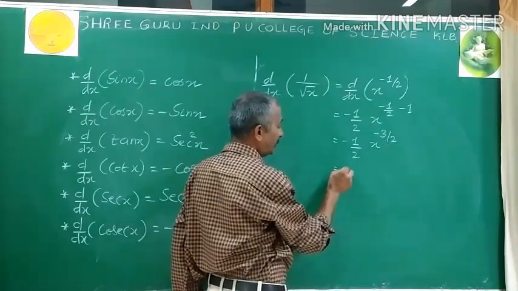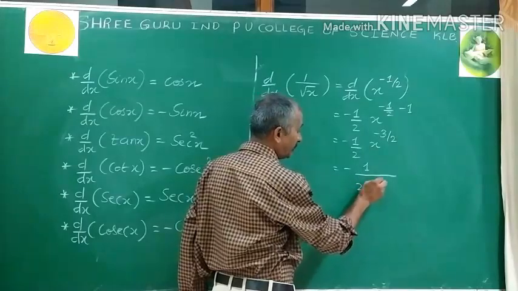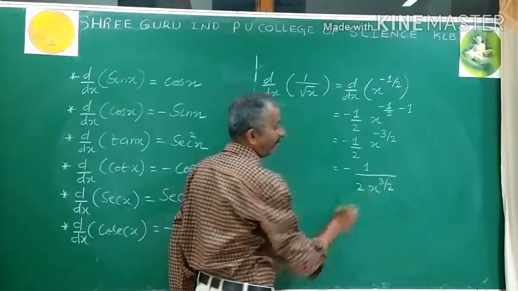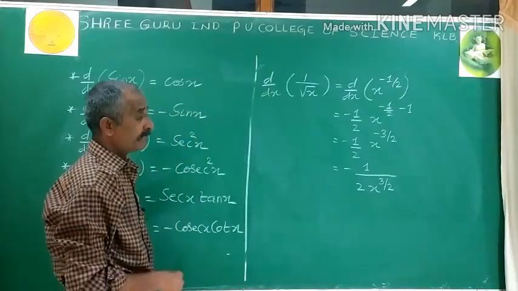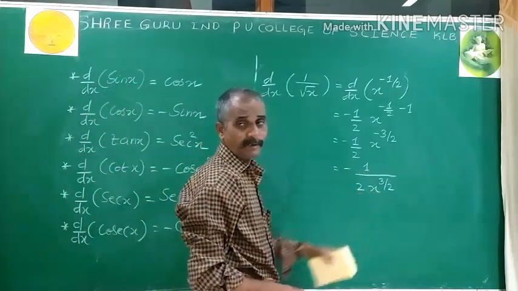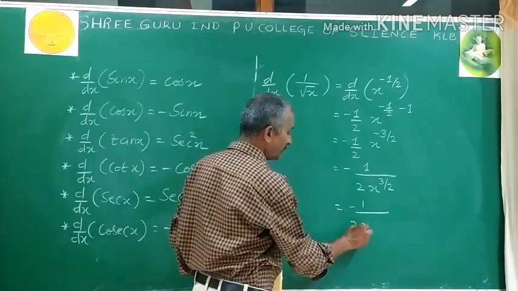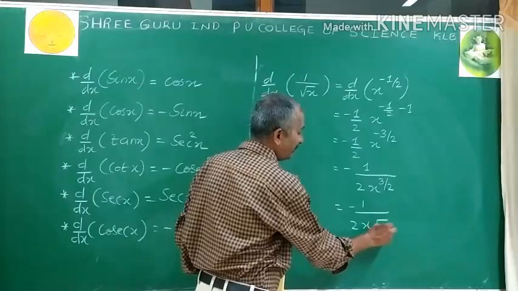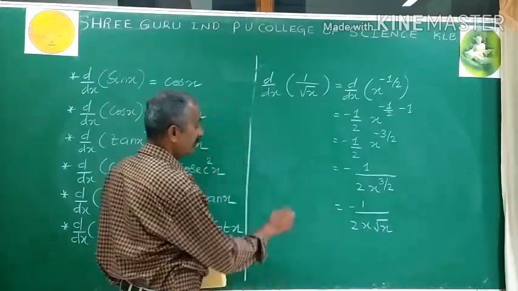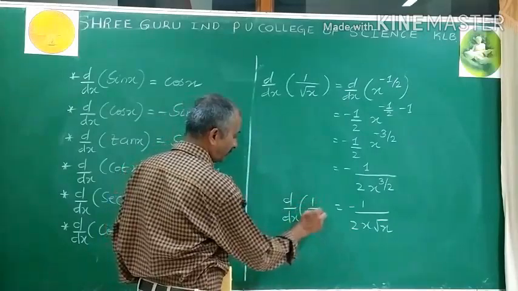Or it is equally the same as minus 1 divided by 2 into x to the power 3 by 2. Further, x to the power of 3 by 2 can be written as x multiplied by root x. So totally minus 1 by 2x into root x. This can be taken directly as the formula for differentiation of 1 divided by root x.